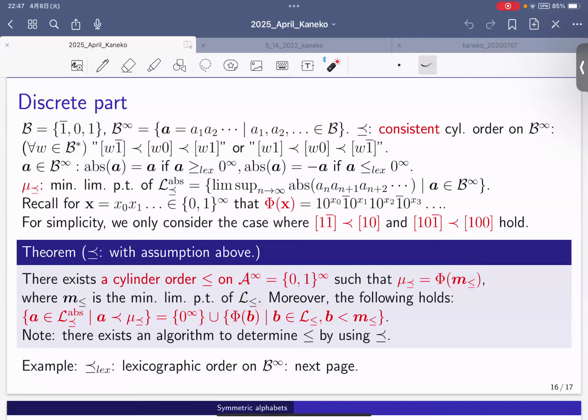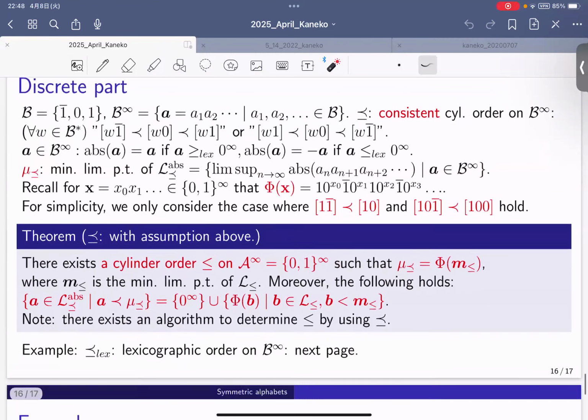And the discrete part is also denoted in terms of the cylinder order on this 0, 1 infinite. And we have an algorithm to determine this cylinder order on 0, 1 infinite. And I have 2 minutes.